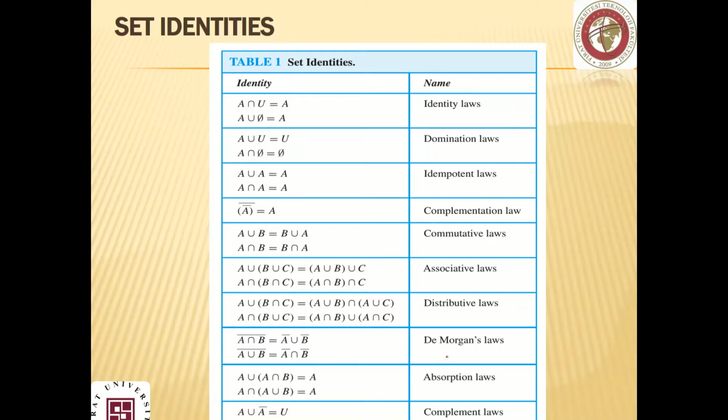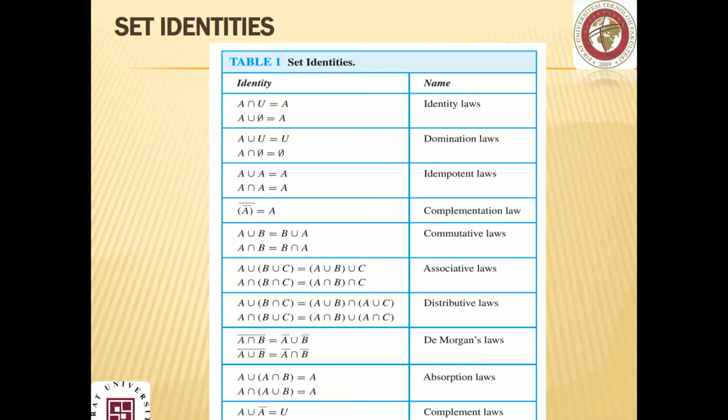The absorption law means which one lasts based on this operation. If we have A, then the union of A intersection B, the outcome is A. Again, if you do the same way, but we change the operations, the union to intersection and the intersection to union, it will get you back again to A. The complementation laws mean the union of an element with its complementation is the universal set all the time.